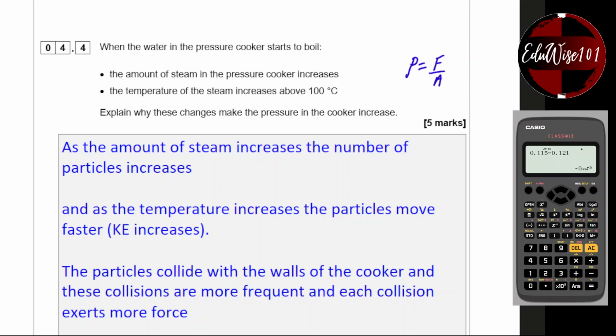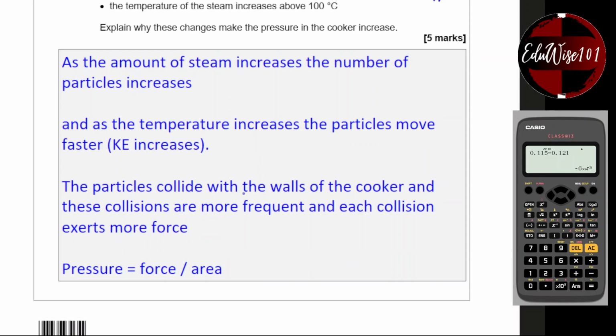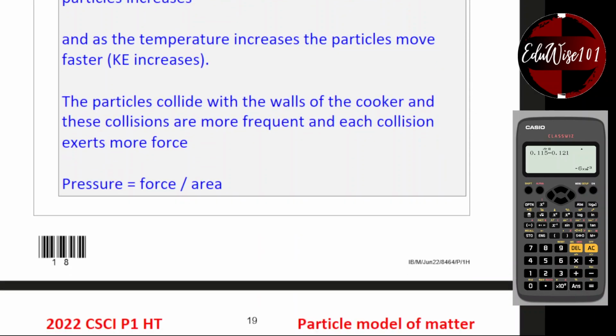Now, when this happens, the particles collide with the walls of the cooker, and these collisions are more frequent, and each collision exerts more force. And pressure depends on the force divided by the surface area. So when force increases, pressure increases.